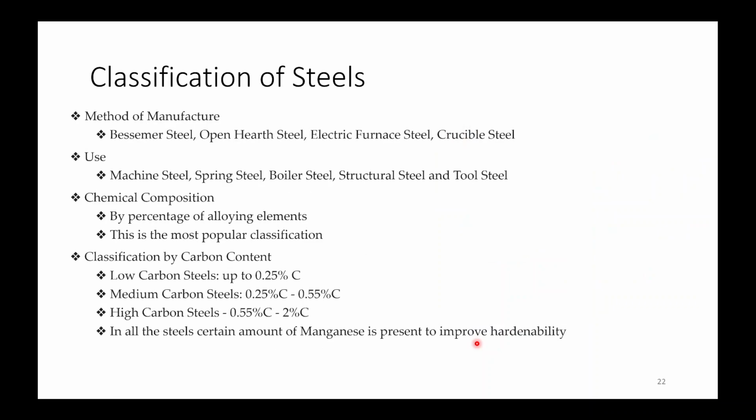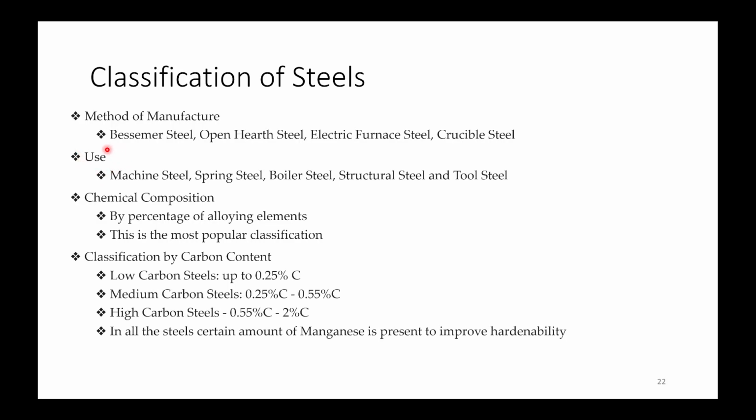Now moving on to steels. First, steels are classified based on methods of manufacturing. So for example, they can be made in a Bessemer converter, then it will be Bessemer steel, open hearth steel if made in an open hearth, electric furnace steel, or crucible steel.